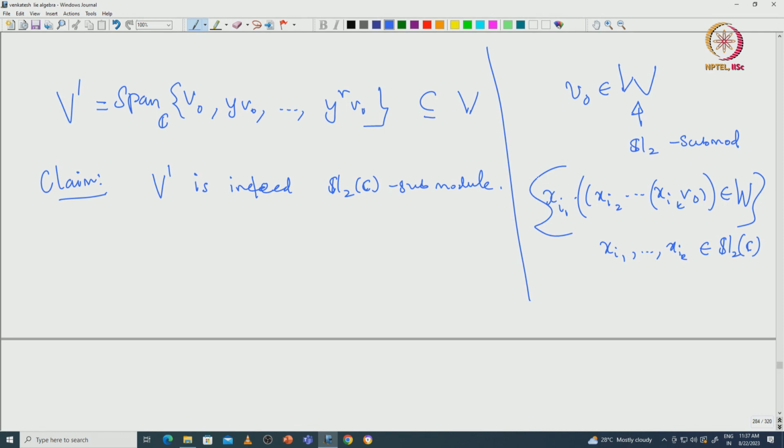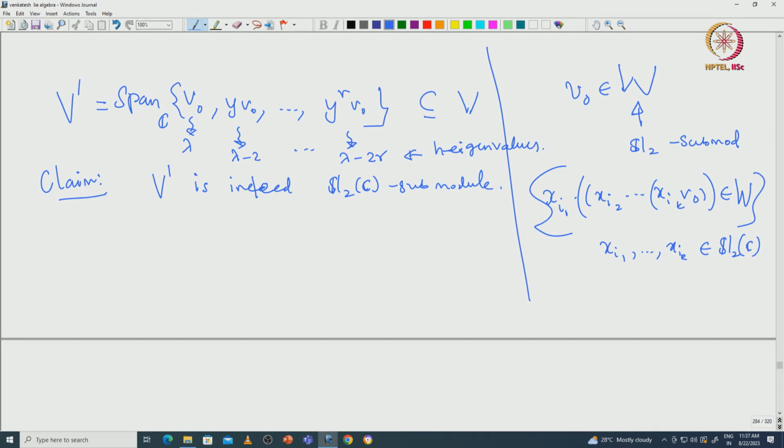Because V naught, y V naught, etcetera, up to y power r V naught all correspond to distinct eigenvalues of H. V naught has eigenvalue lambda, y V naught corresponds to eigenvalue lambda minus 2, and so on, y power r V naught corresponds to eigenvalue lambda minus 2r. So these are all H eigenvalues. Obviously, they are linearly independent.